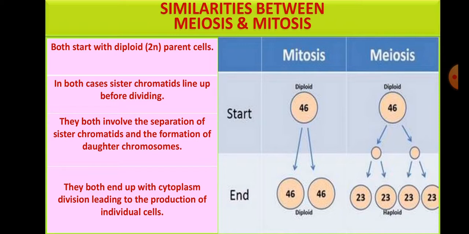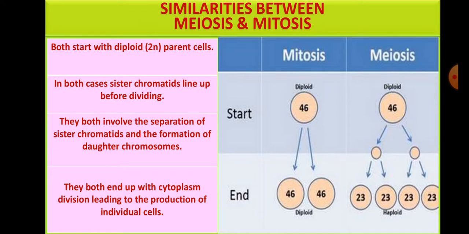The full count was the diploid count 46, and the gametes formed are haploid, that is, they contain half the number of chromosomes. So in both cases, whether mitosis or meiosis, we start with the diploid, the complete set of chromosomes.